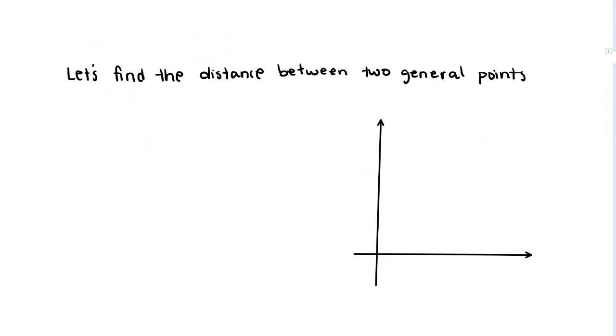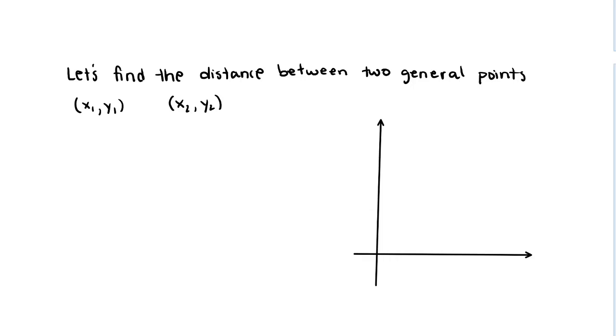And so here, let's go ahead and apply this a little bit more generally. So let's find the distance between two more general points. Let's say I've got one point, I'm going to label it x1 and y1 because if I have a point, I've got one x value and a y value. And then maybe a second general point, maybe I'll label it x2 and y2.